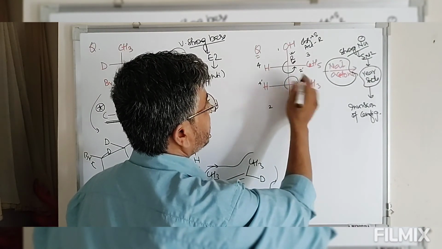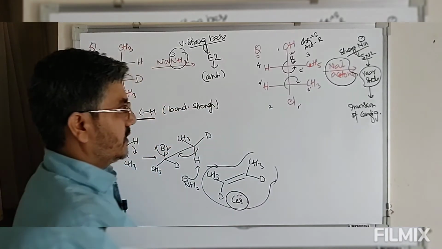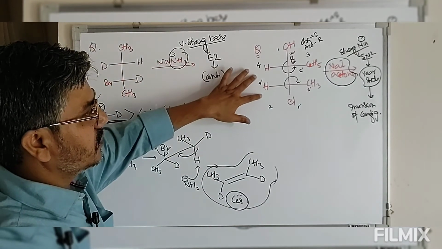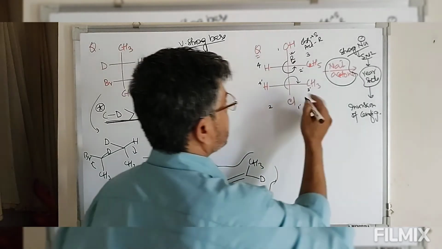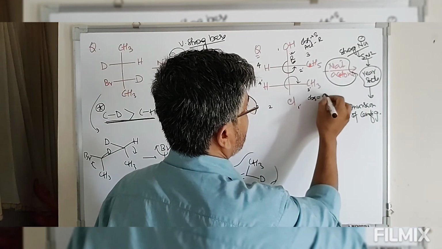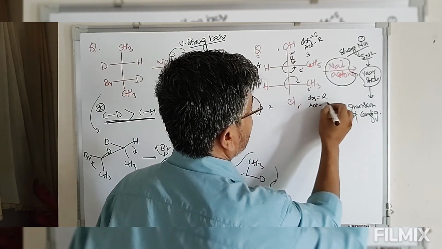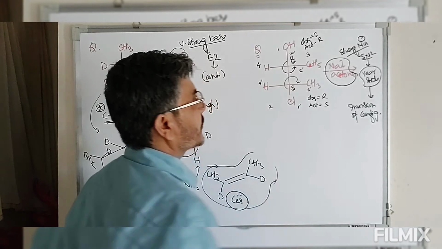So this is again forming clockwise, but the least priority order group is horizontal. So observed and actual will be opposite. So in this case, observed is R, so the actual will be S. So this is having S configuration.